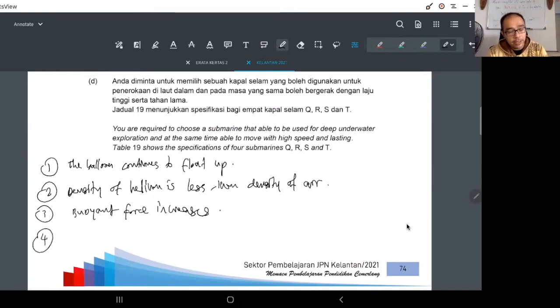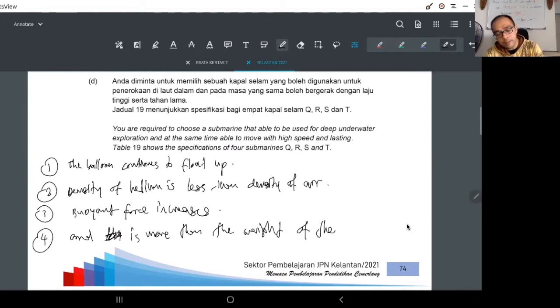And then finally, because the buoyant force increases, the buoyant force increases and is more than the weight of the balloon.